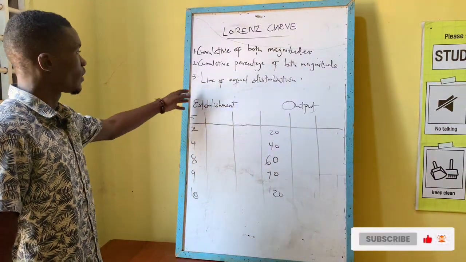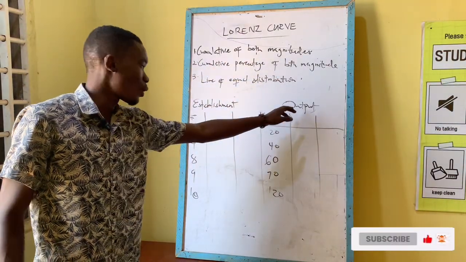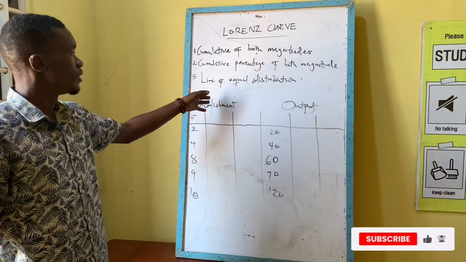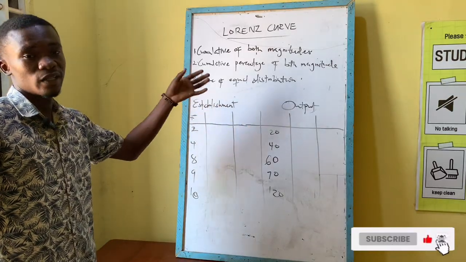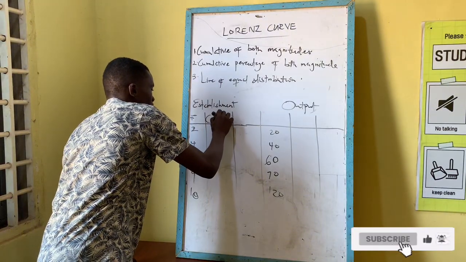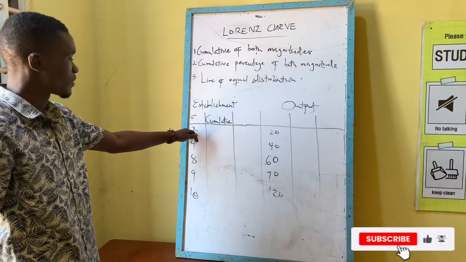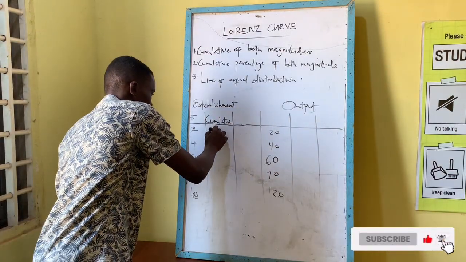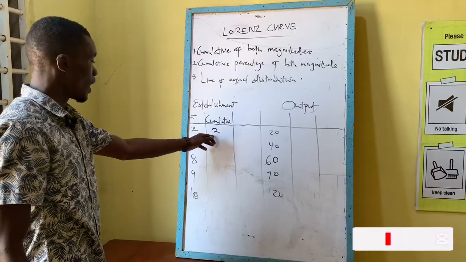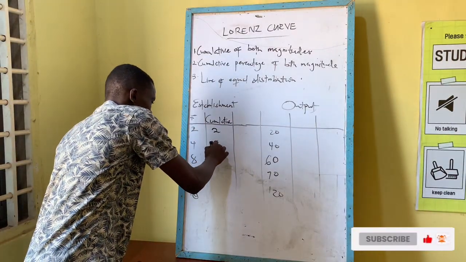First of all, you find the cumulative of both magnitudes. The magnitudes here are establishment and output. First, you find the cumulative of the frequencies of the establishment. This is how it is done. For the first figure, you just write it there. With the next one, you add the 2 to the 4, which gives you 6.